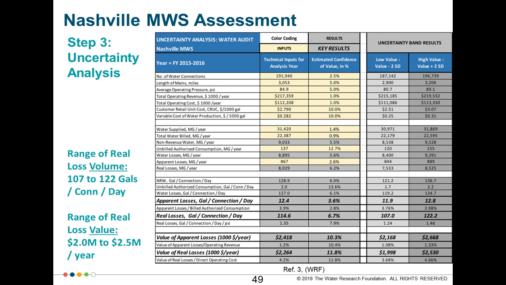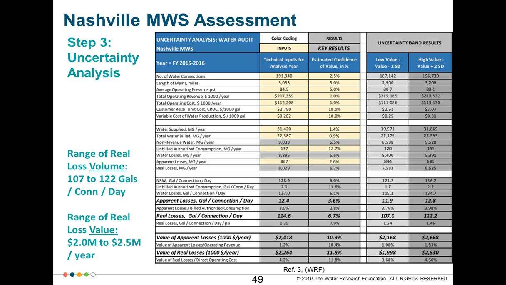It's a matter of having estimates of the confidence of the inputs, which in this table are shown in the light yellow. So how accurate do I think my length of mains number is, that kind of thing. Through statistical analysis, it tells you the resulting certainty, or error band, associated with the result.